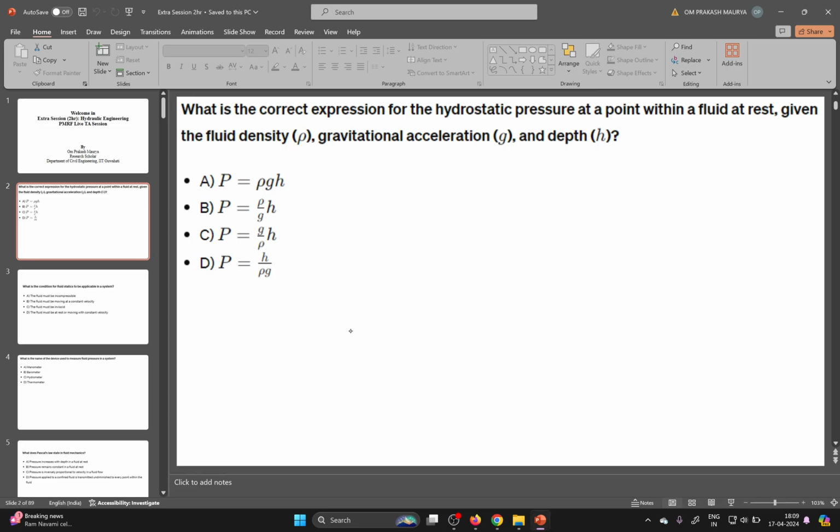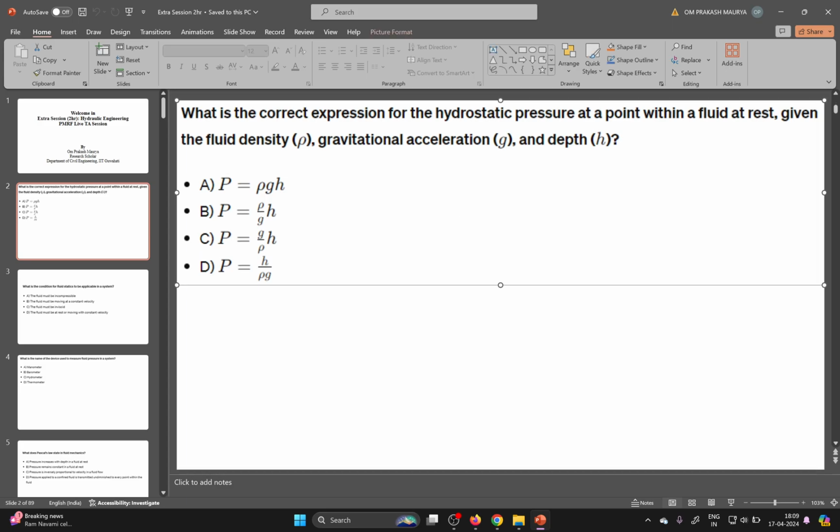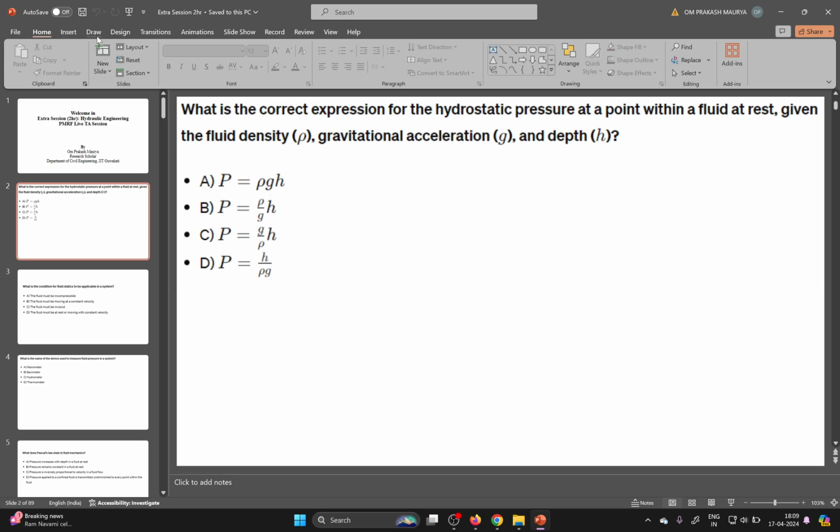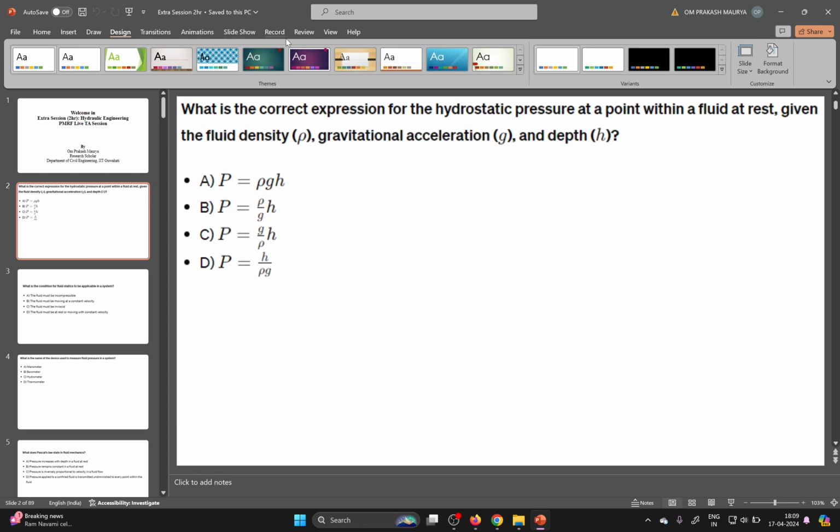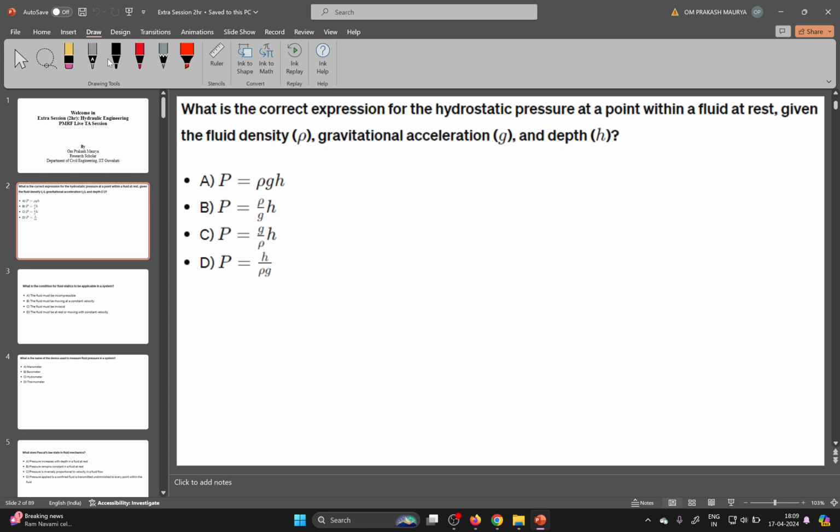So the fluid density is given, rho. The gravitational acceleration g is given, and h is given. So here, what is the hydrostatic pressure?